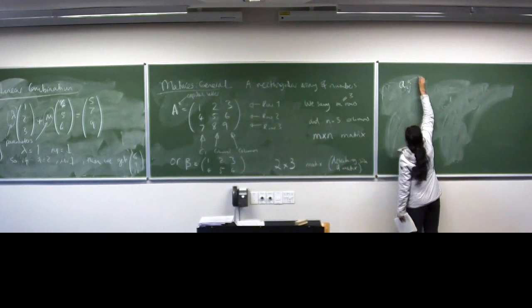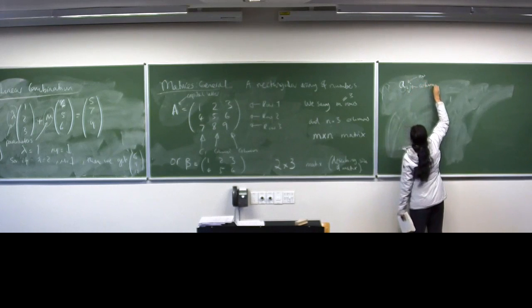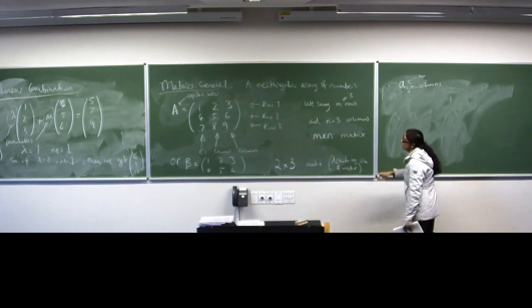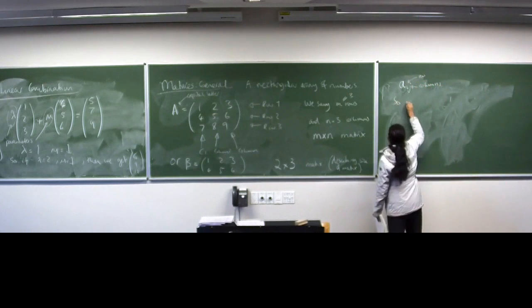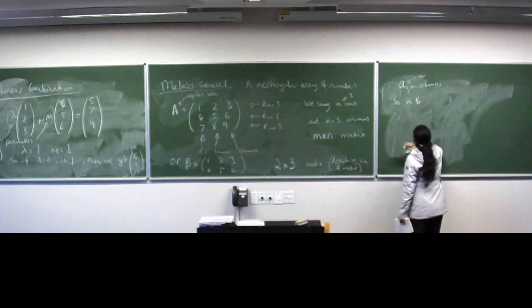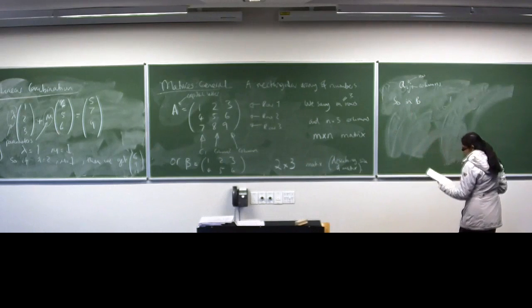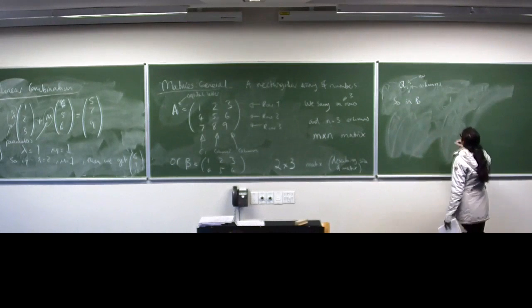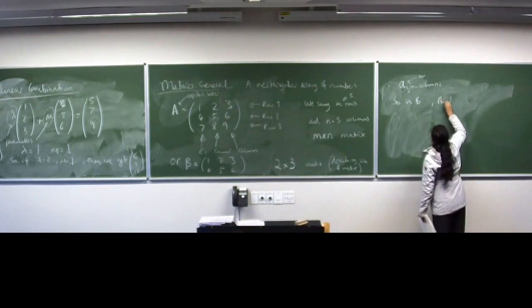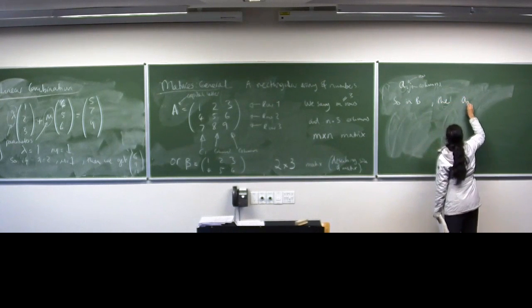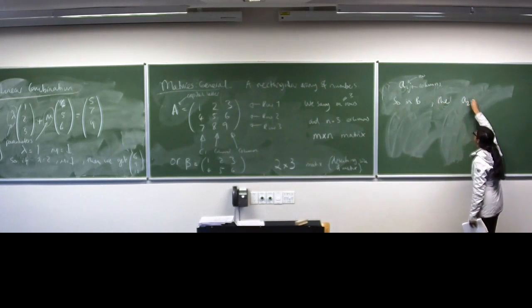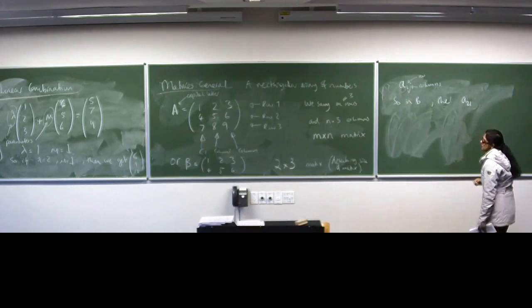This represents the rows and the columns. So if I looked at the last one, in B, the coefficient of A2,1, right? A2,1 is what?